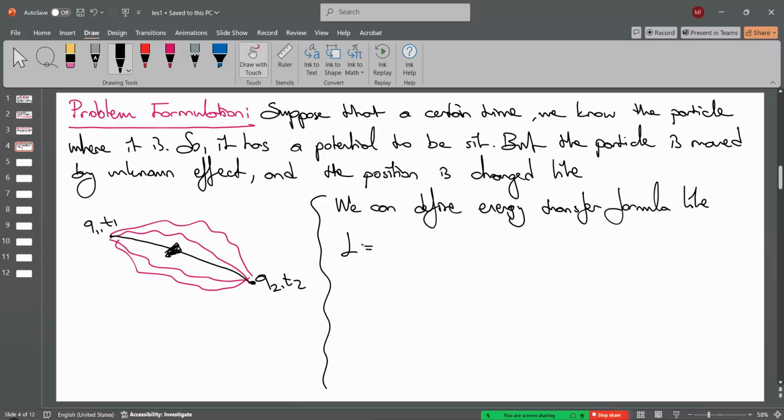The Lagrangian can be defined based on the kinetic energy minus the potential energy. Okay, and so this is the Q and this is the Q hat. In order to move this particle into Q2, we need to transform the kinetic energy into the potential one, or potential energy must be converted into the kinetic one. This is the Lagrangian, guys.